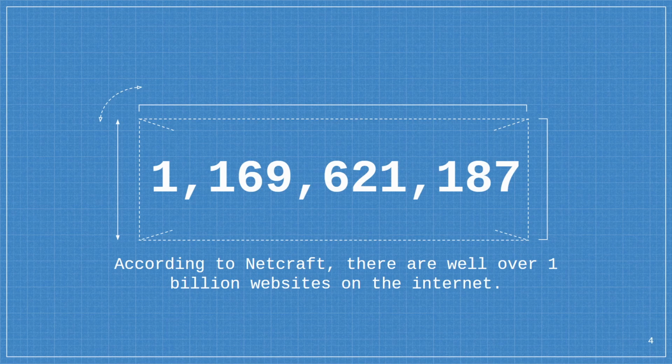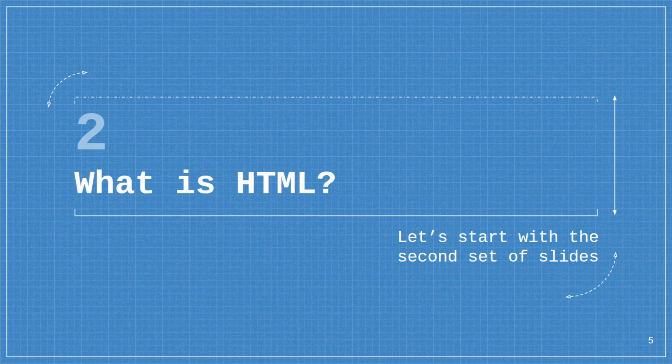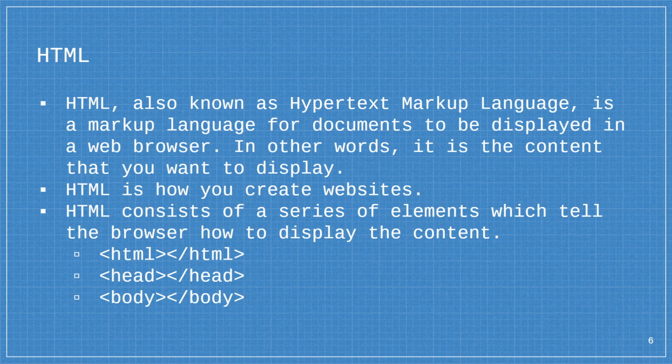According to Netcraft, there are well over 1 billion websites on the internet, and we're going to learn how to create a website. Let's start off with what is HTML. HTML, also known as Hypertext Markup Language, is a markup language for documents to be displayed in a web browser. In other words, it is the content that you want to display.